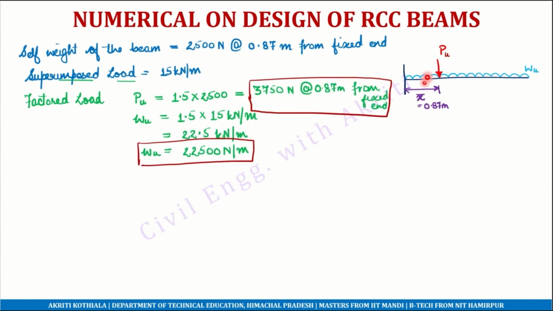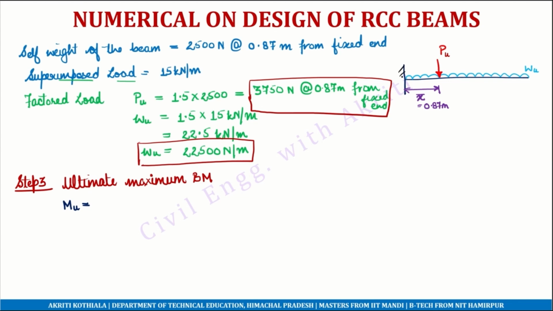These values are represented in this figure. This figure is very important, and knowing that one is a point load and the other one is a UDL is important for the next step, which is calculating the ultimate maximum bending moment. To calculate the ultimate maximum bending moment, we first need to calculate the bending moment acting on the beam.